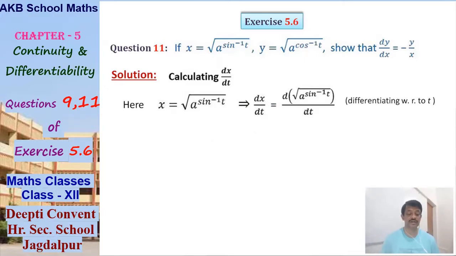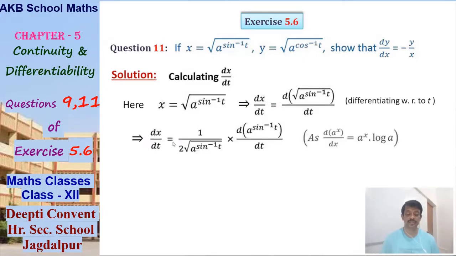So dx by dt equals again the derivative of the square root function: 1 upon 2 root of this, into d/dt of a^(sin inverse t). Also we know the formula d/dx of a^x equals a^x log a.